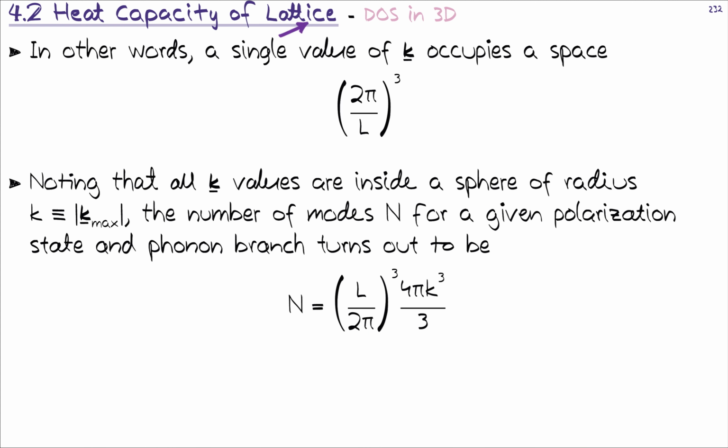So this is a way to calculate how many modes we actually have in this kind of volume of a sphere with radius k, and this is how many points fit there.